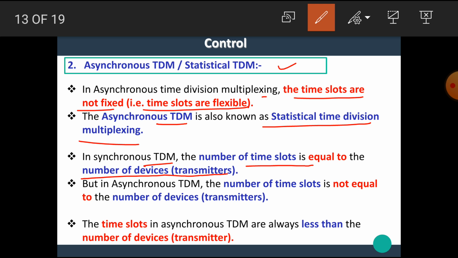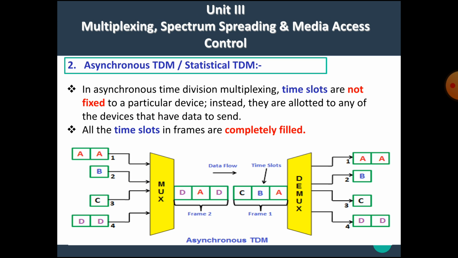That means in synchronous TDM, the number of sources is equal to the number of bits in the frame. But in asynchronous TDM, the number of time slots is not equal to the number of devices or transmitters. The time slots in asynchronous TDM are always less than the number of devices or transmitters.